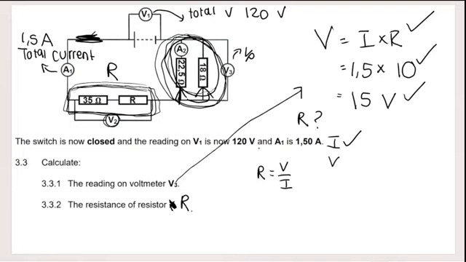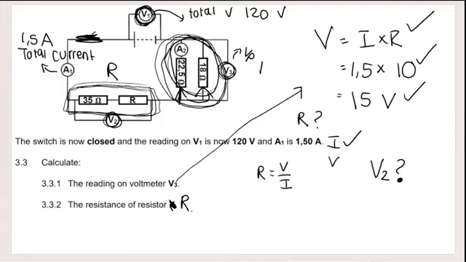So if I want to look for the total resistance of that piece, the 35 ohm and resistor R, I'm going to use the voltage across them, which is V2, divided by the current that flows through them, which is 1.5. But another problem: how am I going to find V2? Well, remember, we discussed earlier that the total voltage, which is 120, which is over V1, some of it is going to go to the voltage in parallel, and the rest is going to go to V2.